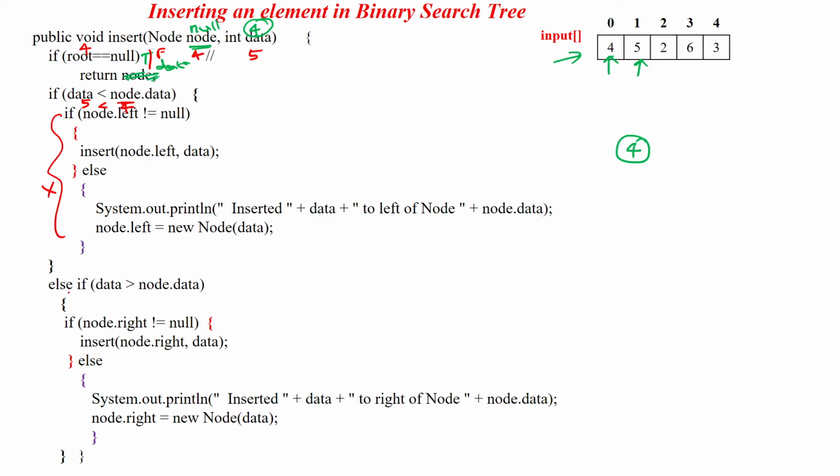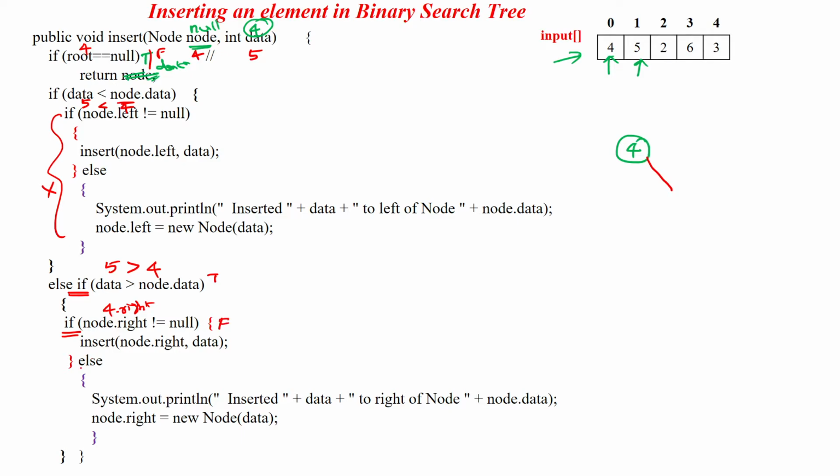The false block has one more if statement. Data 5 greater than node data 4, yes, it is true. Then inside this else block we have another if condition: node dot right, so 4 dot right not equal to null. 4 dot right is null as of now, so this condition is false.